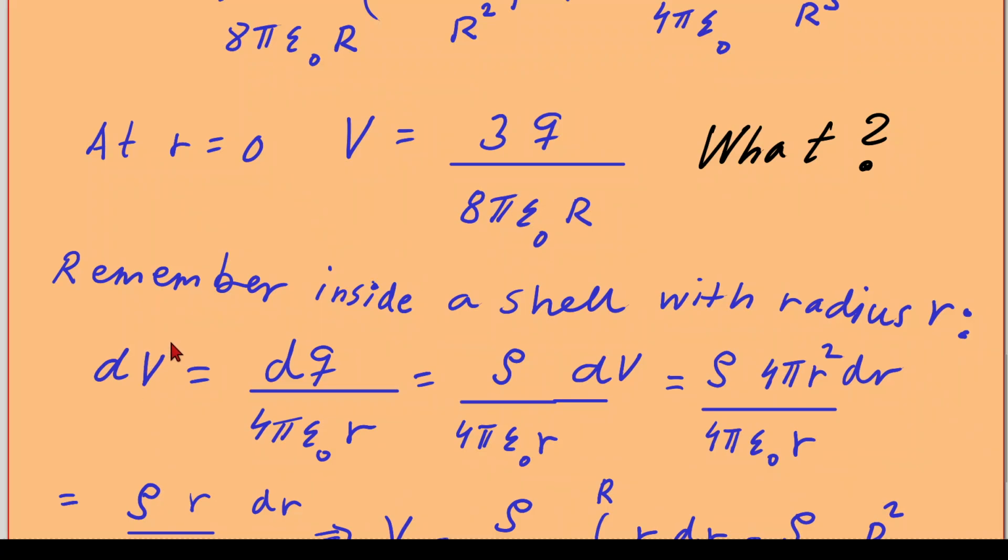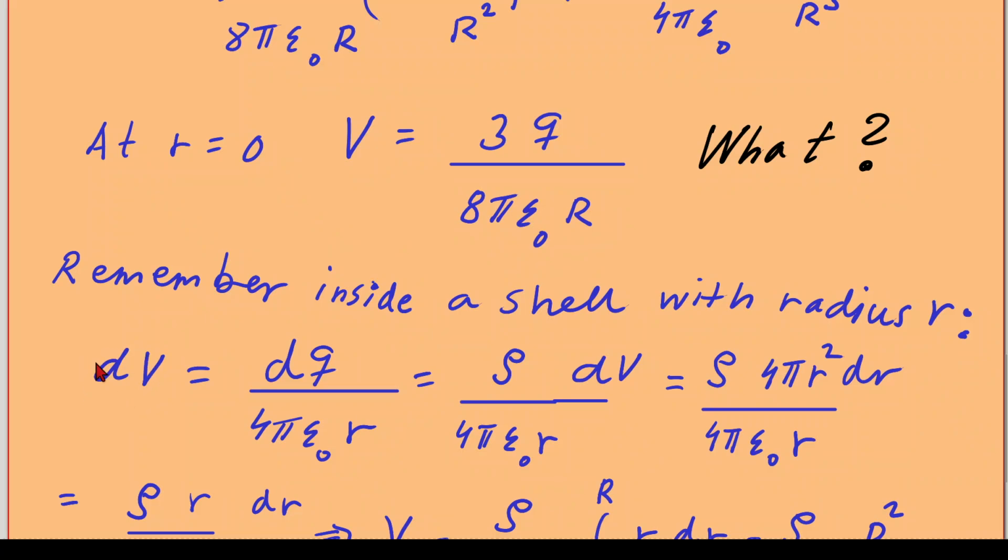So let's look at this. This is the potential, one contribution from one shell. This shell has a total charge dq and its radius r here. Let's use the result for a shell, and then sum them up to get the total for a uniform sphere. That's what I'm trying to do here, so we can understand this result a little better.